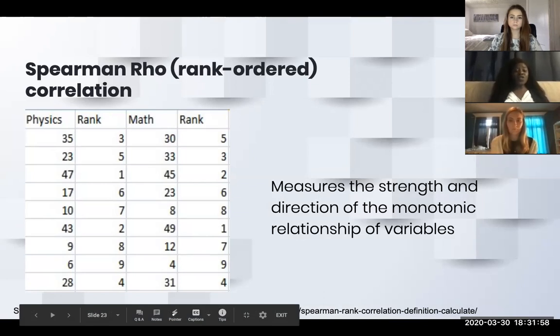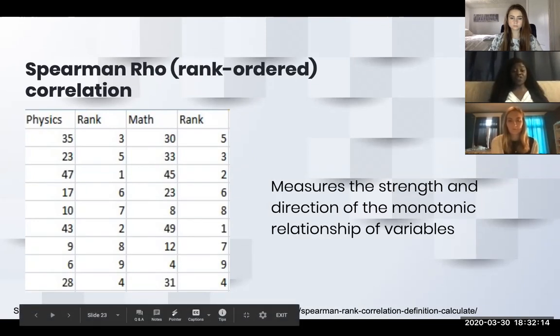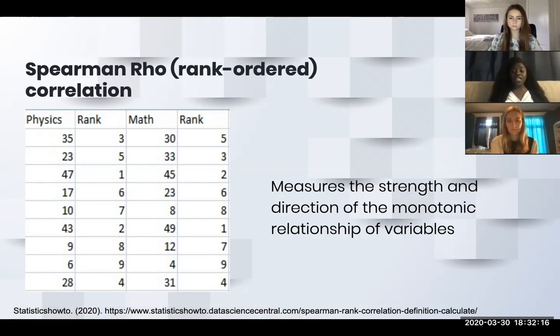So because we're using ranked variables, ordinal variables, we want to use Spearman correlation to measure the strength and the direction of these variables.